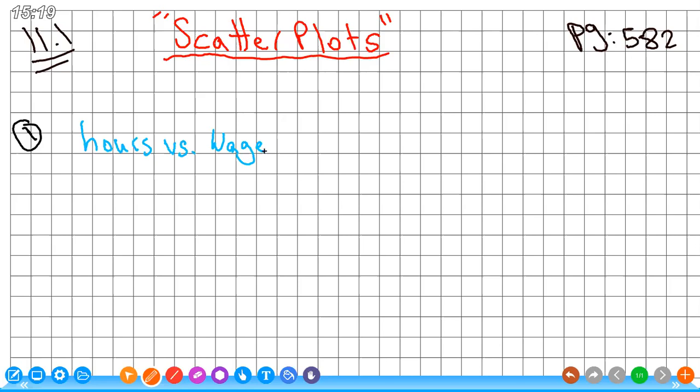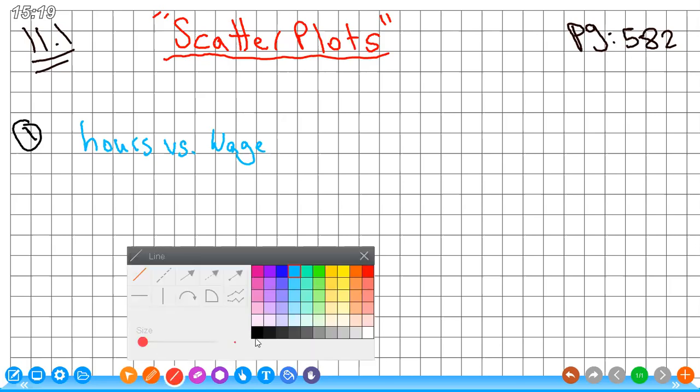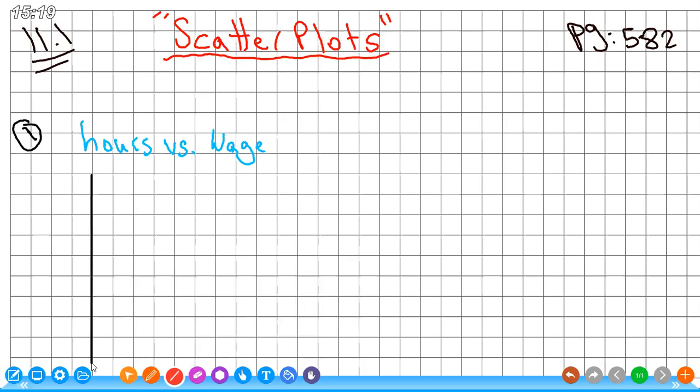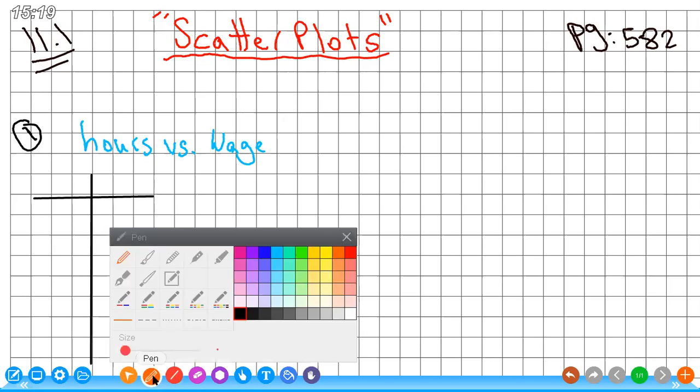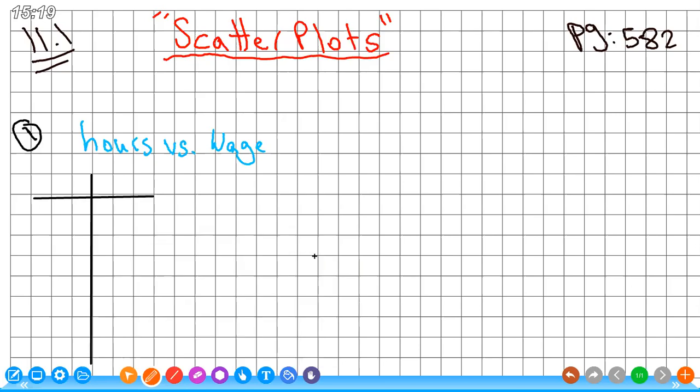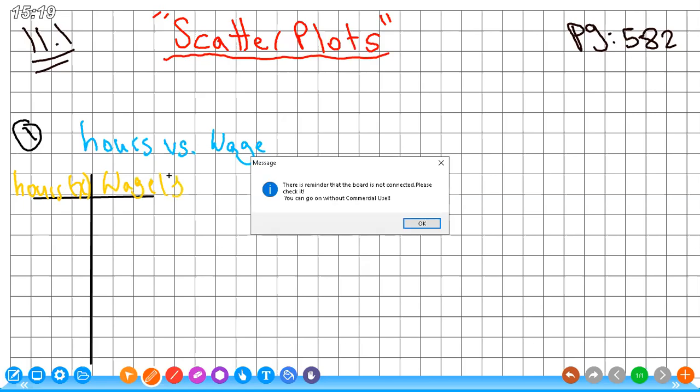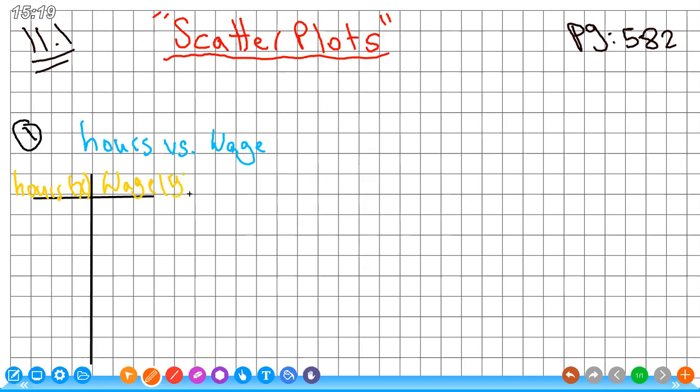Let's say we have this table, to show hours, which is the X value, and wage, which is the Y values.